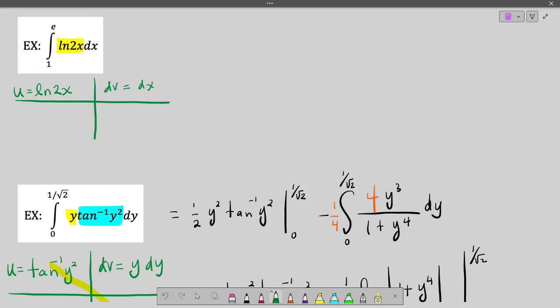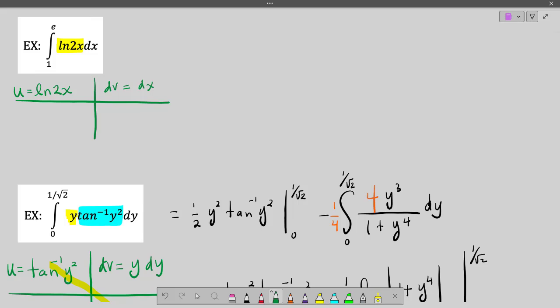Where's your u? Oh, right there. Okay, yeah. And then dv. So dv, we have to break this integrand apart. So it's going to be u dv, so dv is only dx. Oh, you were writing sideways.